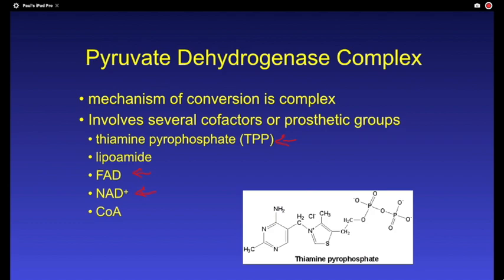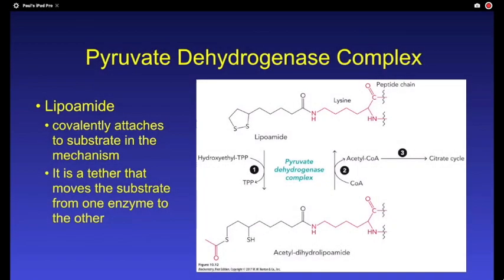The next item I'm going to look at is lipoamide. Lipoamide is kind of oddball. It's a 5-membered ring that has a disulfide bond, or two sulfurs bound together. It's got this long chain, and by itself it actually has an acid. Here's how the lipoamide is attached to the protein: here's the peptide chain of one of the proteins in this complex.